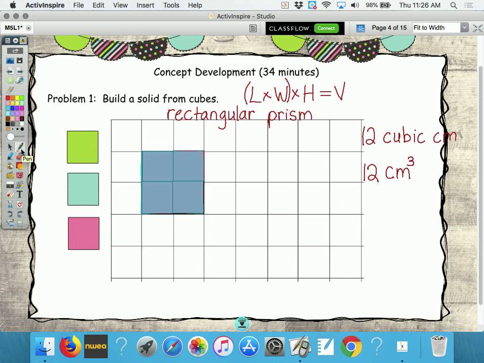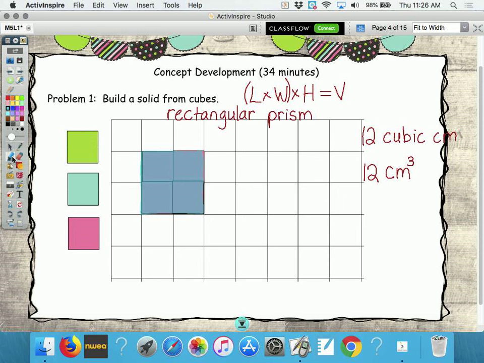Do you have 12 cubes? Okay. And the rectangular prism we just made is off limits. I want you to make another rectangular prism with 12 cubes. The easiest way to do it is to color in your base.